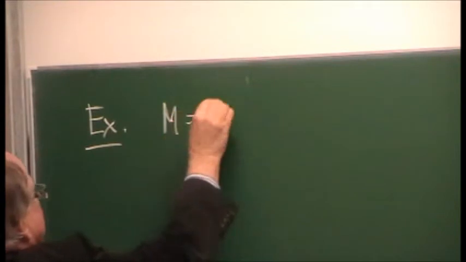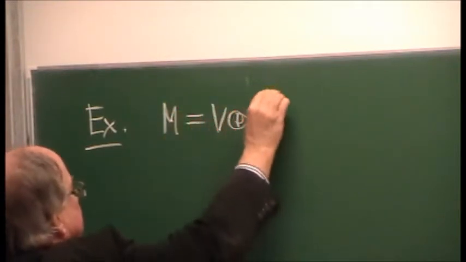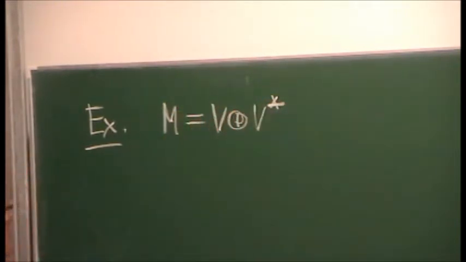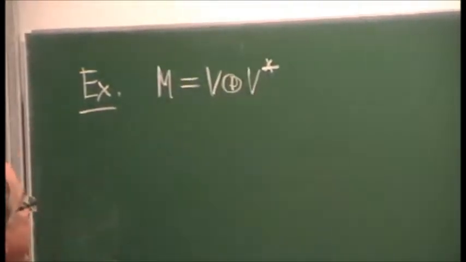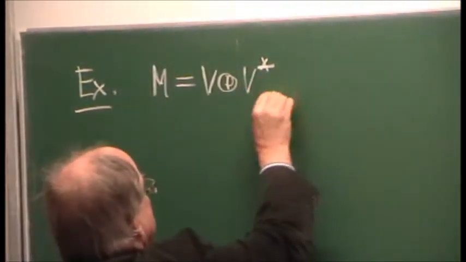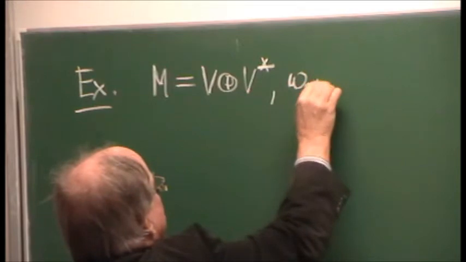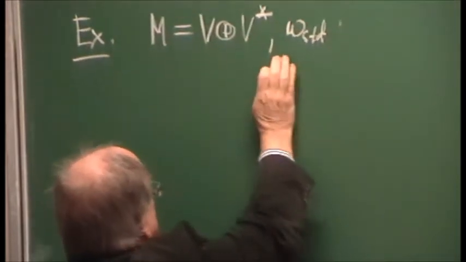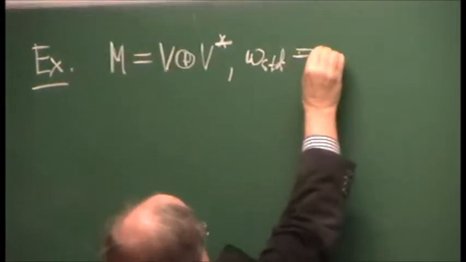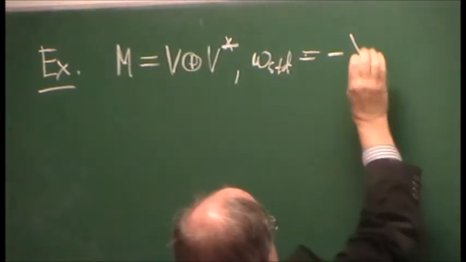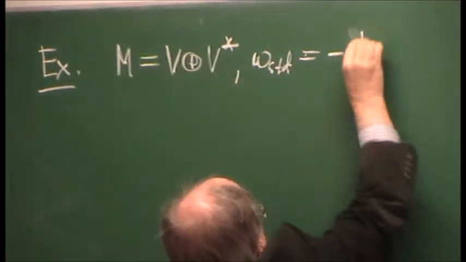So we have seen that our first example was we looked at the direct sum of a vector space and its dual, equipped with a standard form, which I wrote down as minus d lambda.